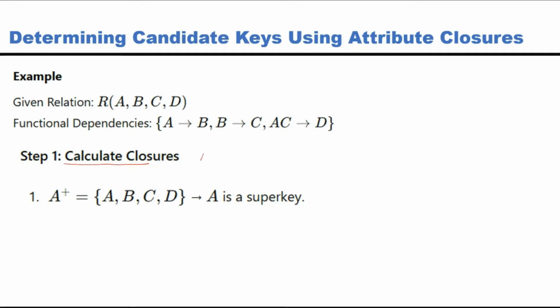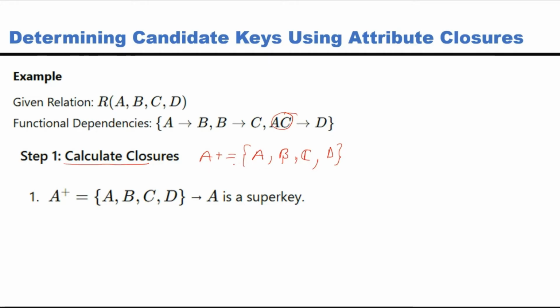A is giving A, and from A we get B also, and from the functional dependency B determines C, I can write C also. Here A is there and C is there, so I can use the functional dependency AC determines D, so I would write D also here.